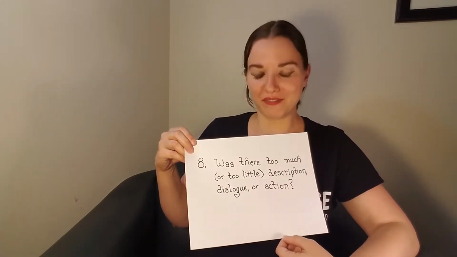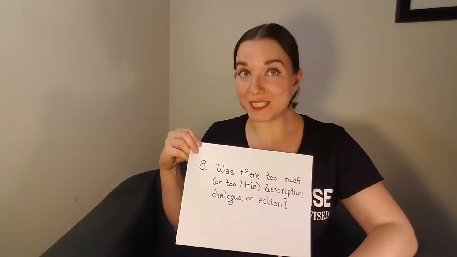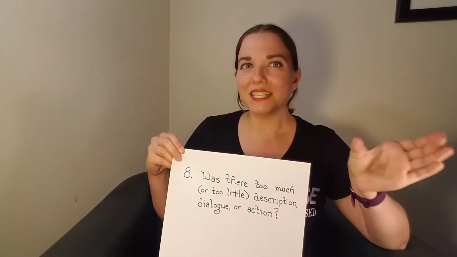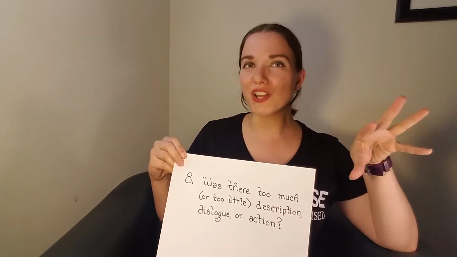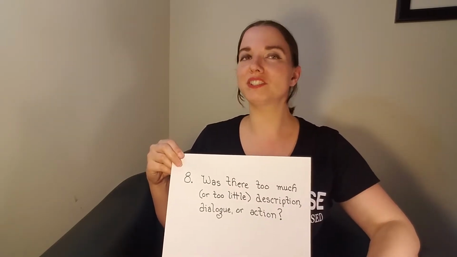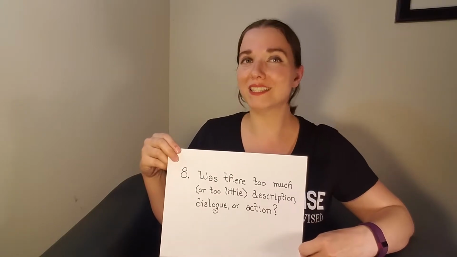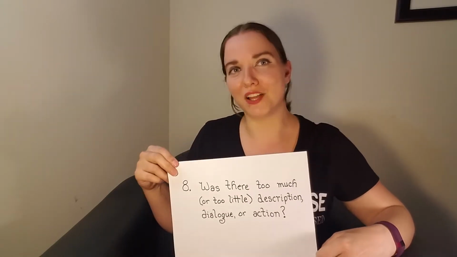Was there enough description? Was there enough action? Did the action and the dialogue and the description clump in spots? You really want to strike a good balance, and hopefully your beta readers can help you find the spots where they tend to clump. So, question number 9, we're almost there.